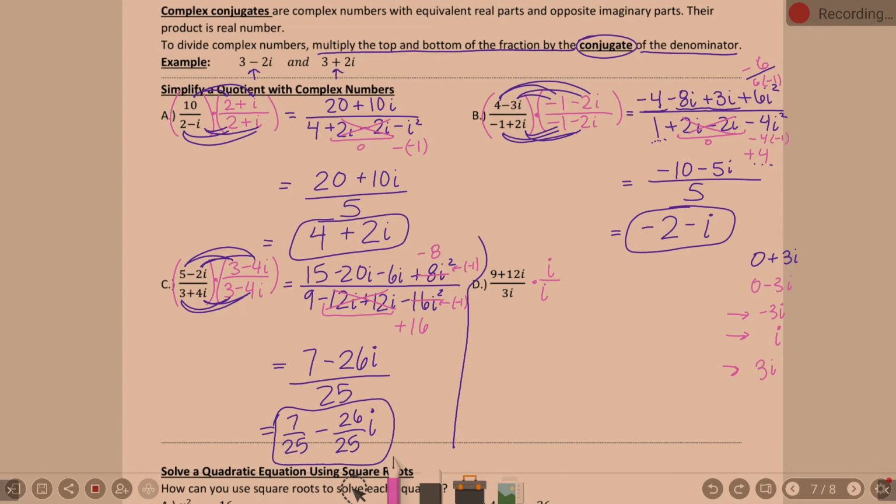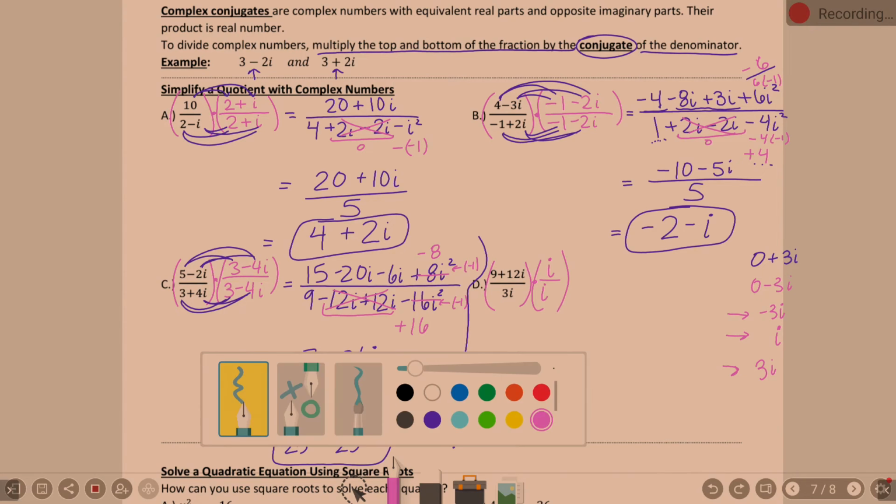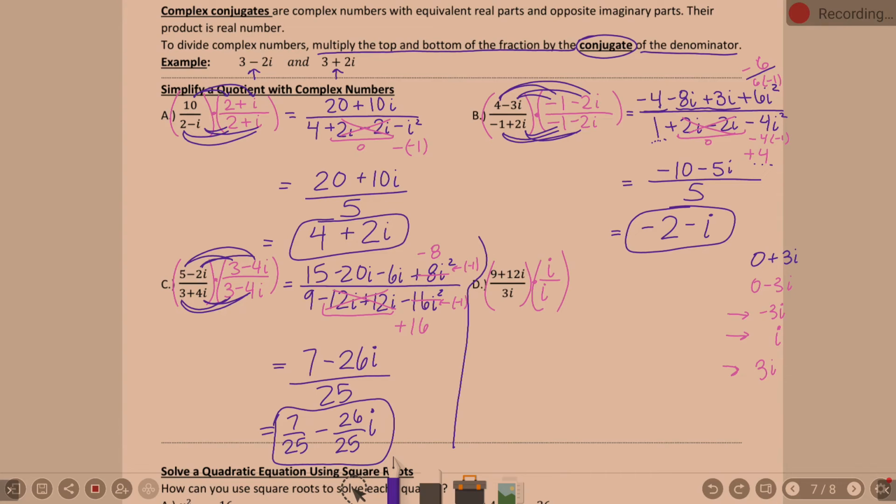Now, if I multiply by i, realize on top we're just distributing, yes. i times 9 is 9i. i times 12i is 12i squared.